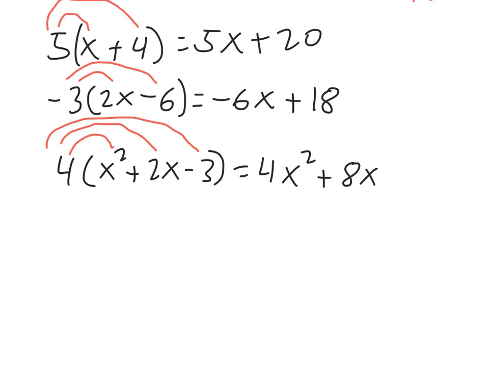And 4 times negative 3, remember that is a negative 3, is negative 12. And one more thing to notice, this is an x squared, this is an x, and this is a number. These 3 are all different, so we can't combine them. We'll talk more about combining like terms soon, but just remember, if the variable is even a little bit different, we cannot combine them. So this x squared and this x and this number are all different, so leave them alone.